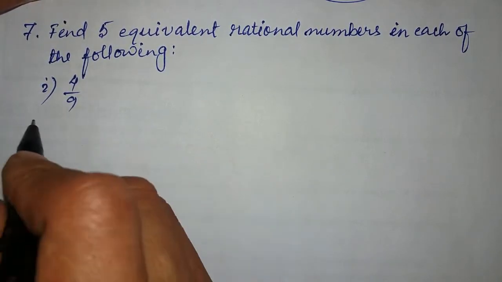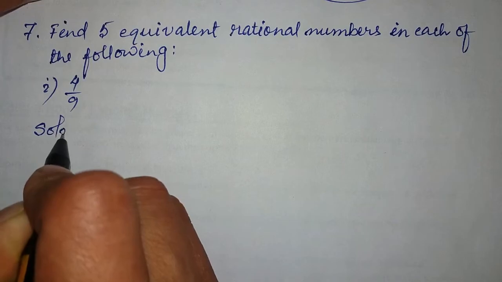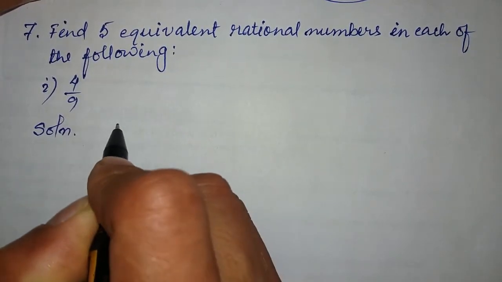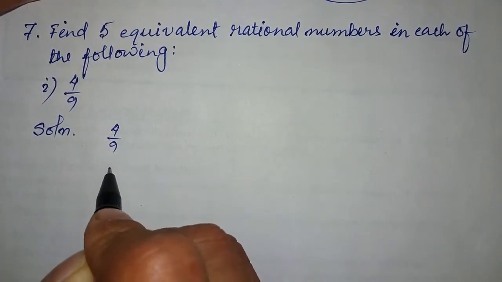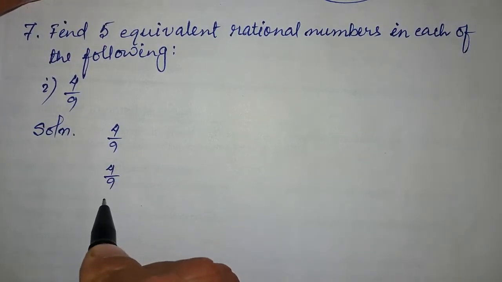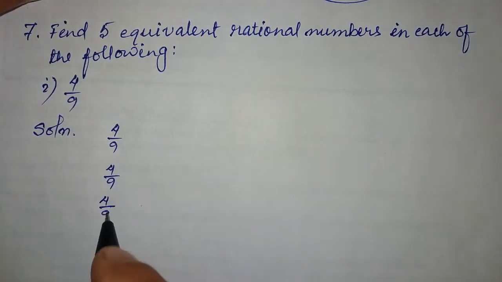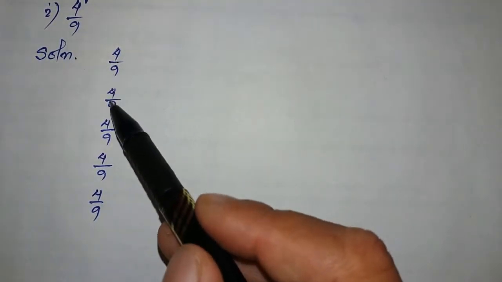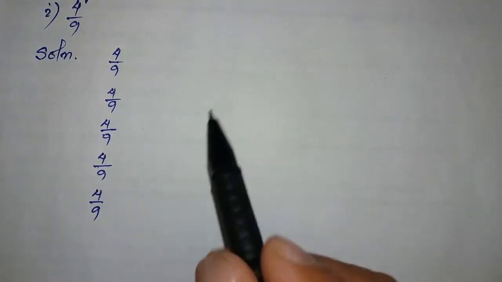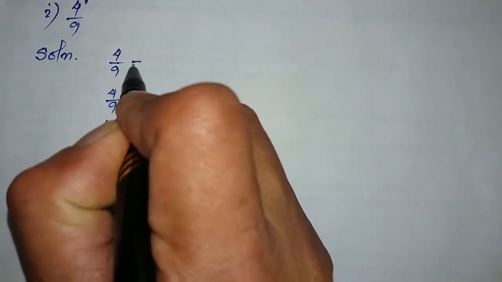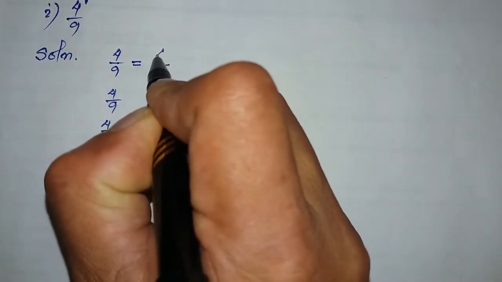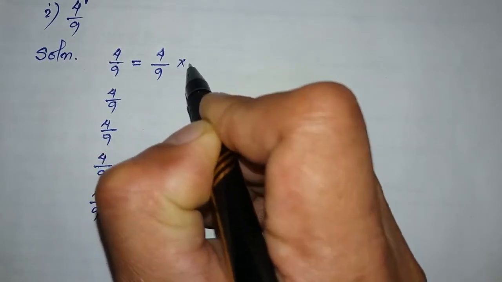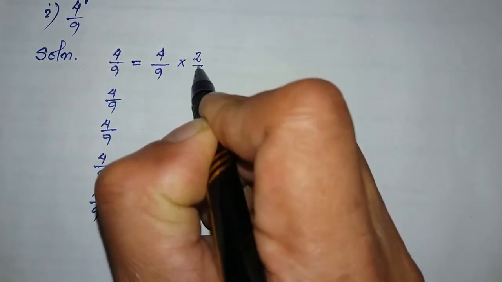Since we're going to find 5 equivalent rational numbers, let me write 4 by 9 five times: 1, 2, 3, 4, 5. Now I'm going to multiply 4 by 9 first with 2 by 2.